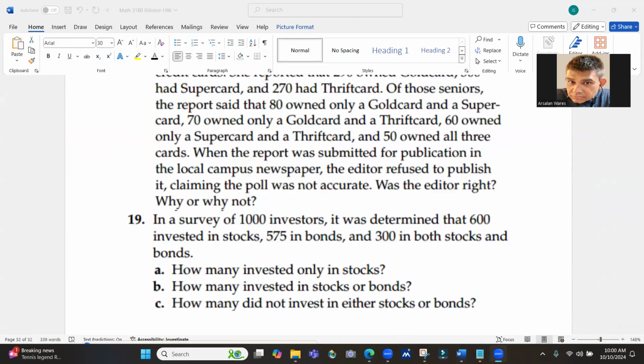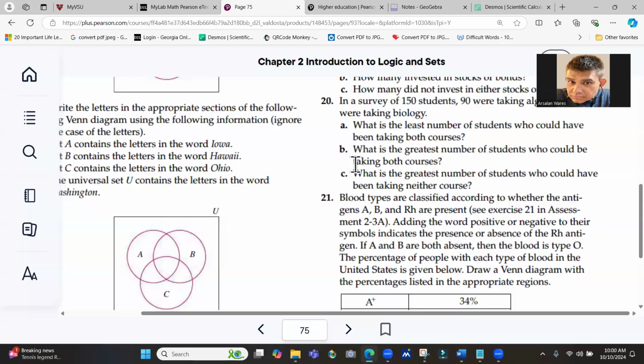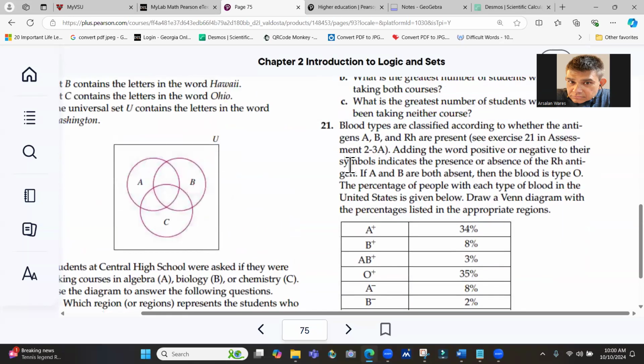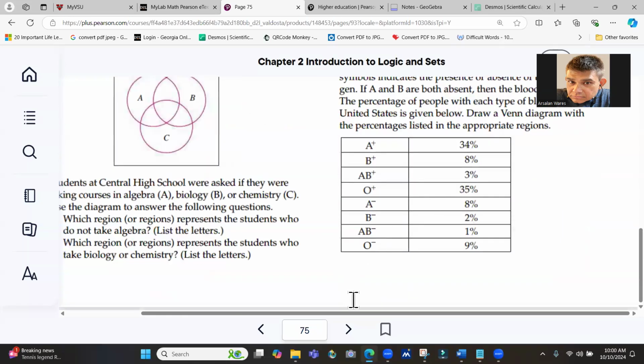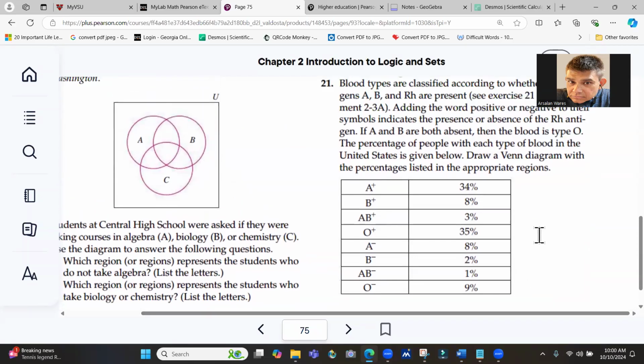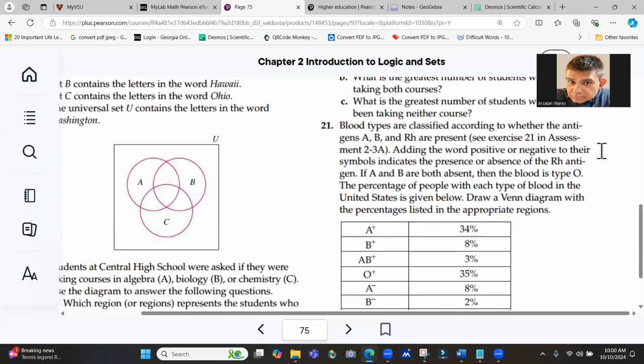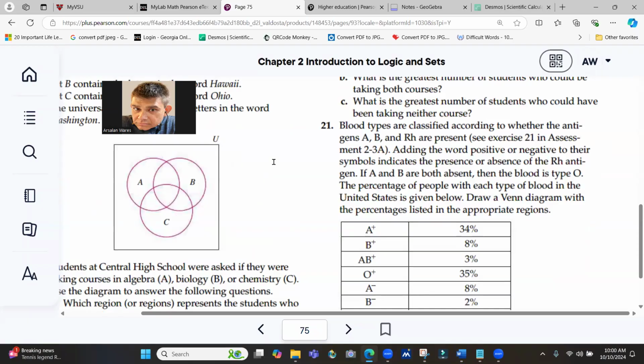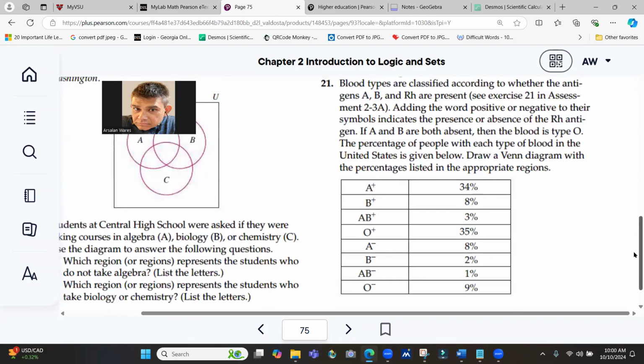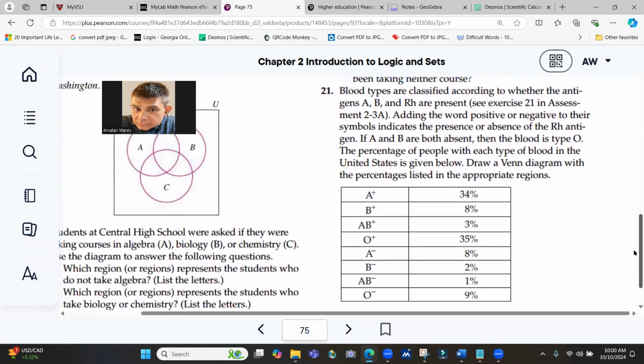So let's grab the problem first. Okay, so they give you a long description of blood groups, and I will explain it to you.